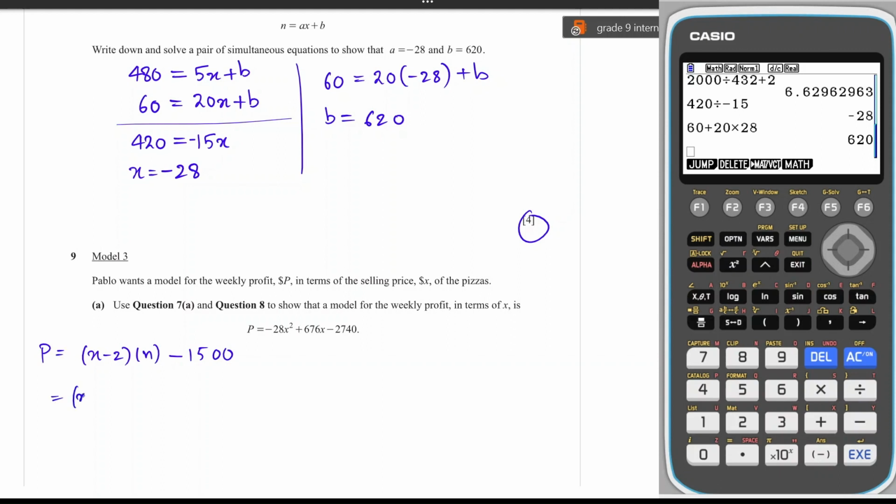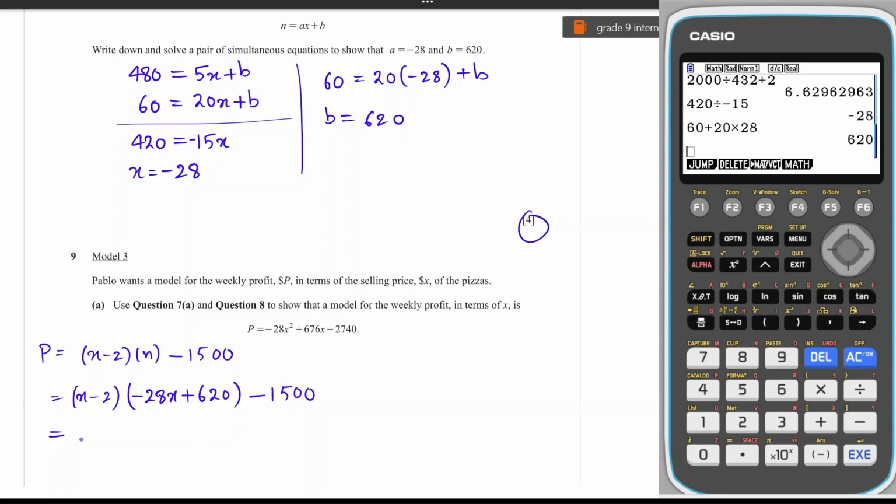So this is x minus 2 and n will be this, that is, now what is my a, minus 28x plus 620, minus 1500 is my answer. Now you just have to show one step of simplification, after which you can directly write.